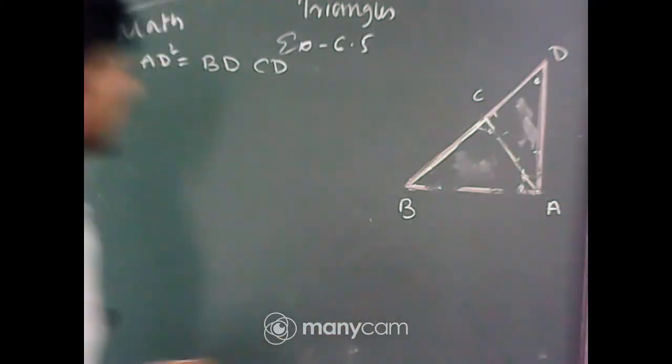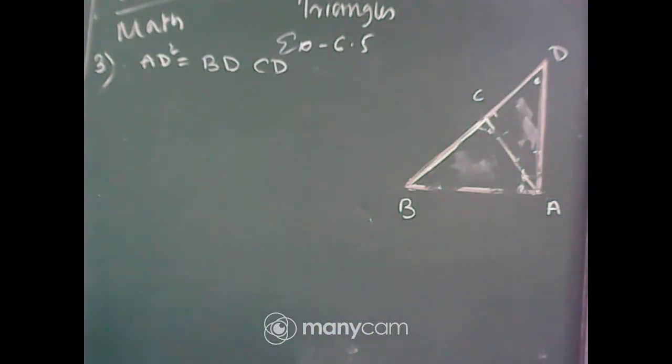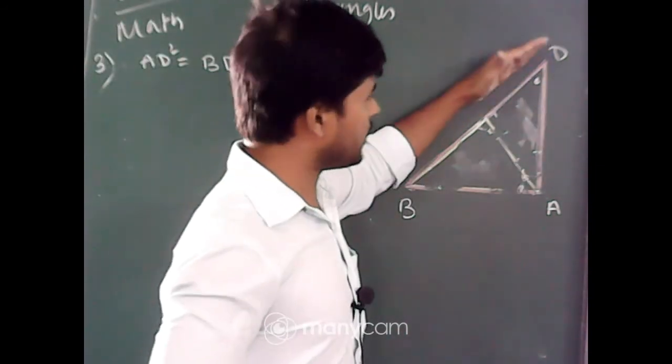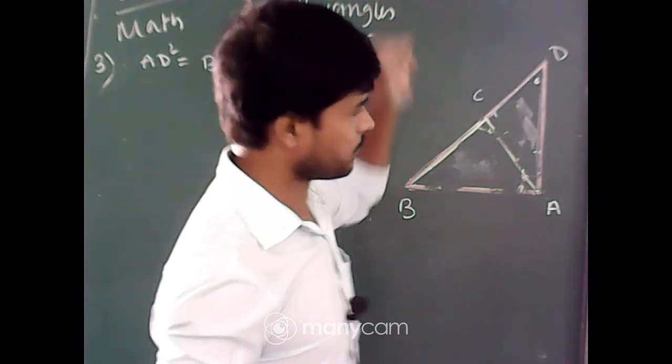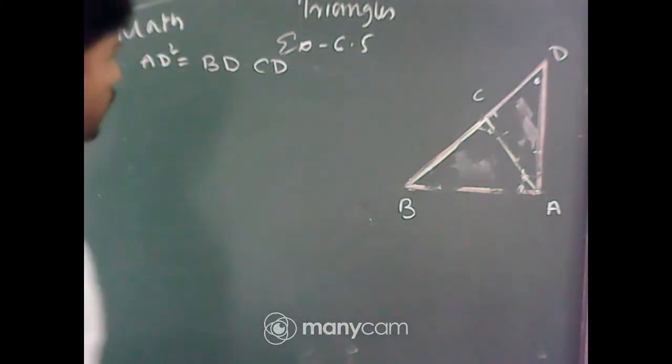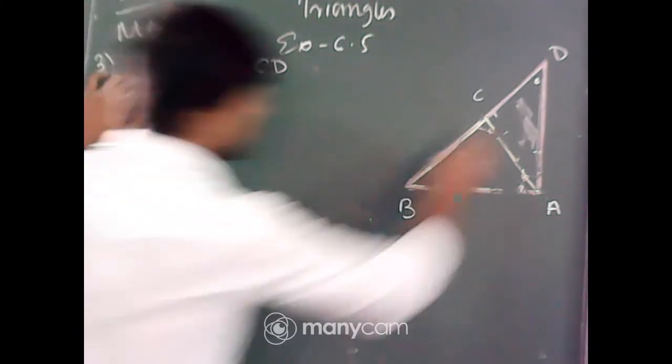Okay, now can you suggest me in this case which two triangles we have to consider? You can guess it by looking at what we have to prove. AD, BD and CD. Look, AD means which side?